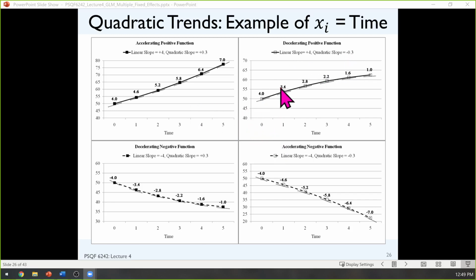The top right and the bottom right are the same picture essentially. The top is the first part of it, and the bottom picture describes what would happen if we kept following it out. So the bottom one describes a negative slope that becomes more negative or stronger as time goes on, whereas the bottom left is a negative slope that becomes less negative.